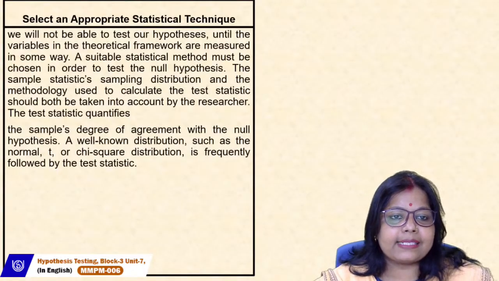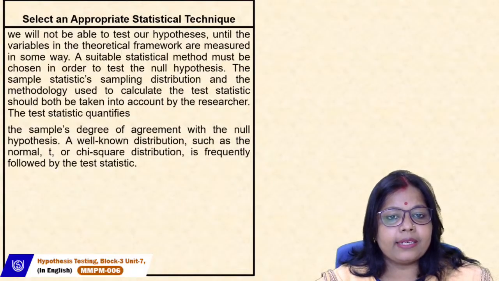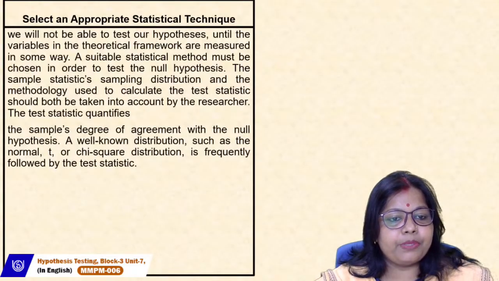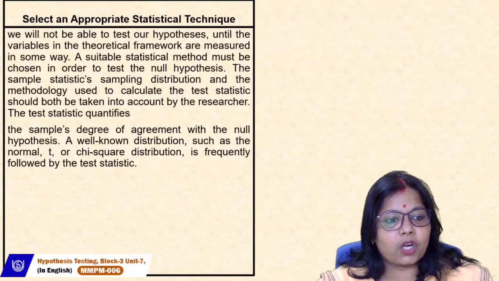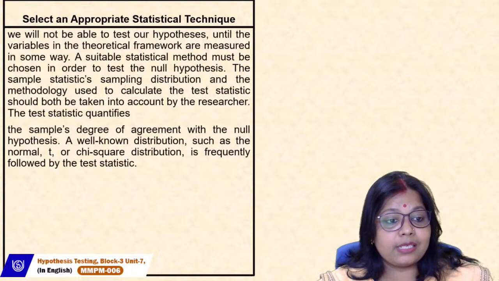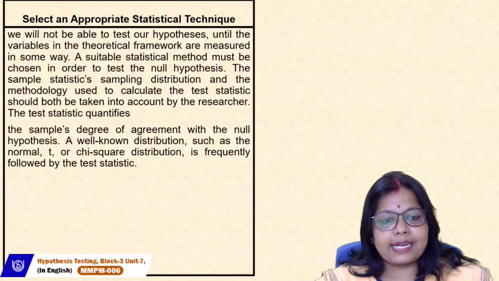The sample statistics, sample distribution, and methodology used to calculate and test statistics should be taken into account by the researcher. The test statistic quantifies the sample's degree of agreement with the null hypothesis, and the statistics frequently follow a well-known distribution such as the normal, t, or chi-square distribution.